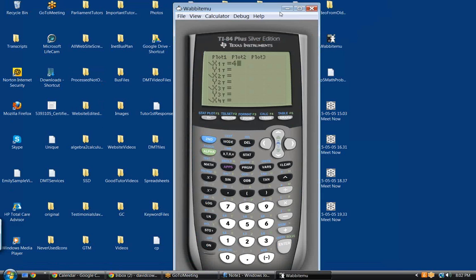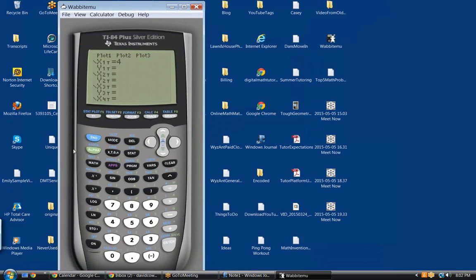Is this the calculator you use? Yeah. Okay. Let's put it in degree mode. It's in degree mode. Let's clear it, and let's do inverse tan of minus 12 divided by 5. Doesn't matter whether I make the 5 negative or the 12 negative?